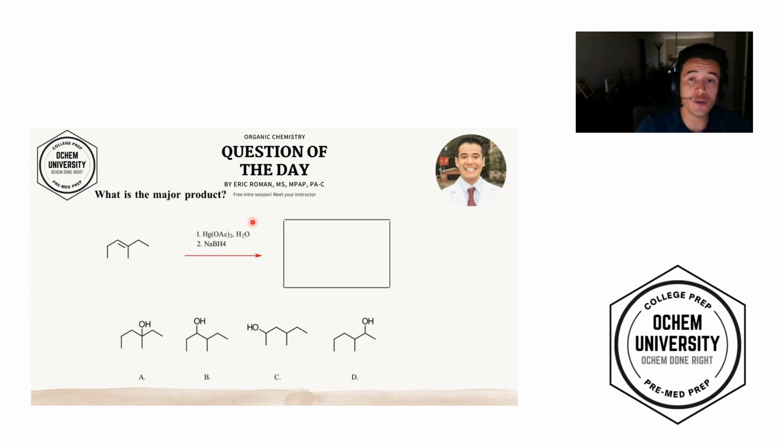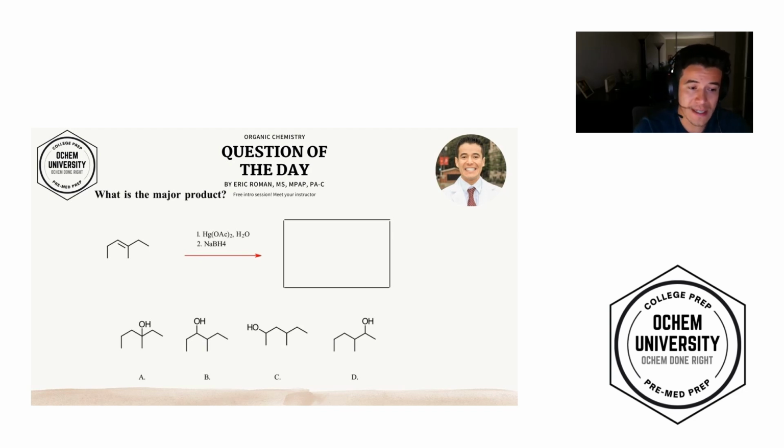The H2O tells you which functional group to add, so I definitely want to add an alcohol OH functional group, and I got that based from the H2O. And then the NaBH4 is going to be our follow-up step. That's the thing we're going to do last. It's just going to help clean everything up. But of course, recognizing that this is oxymercuration, demercuration, you want to differentiate whether we're dealing with a Markovnikov or an anti-Markovnikov.